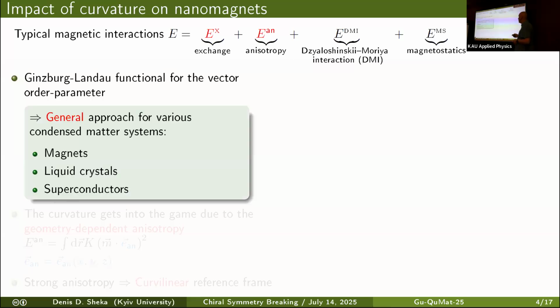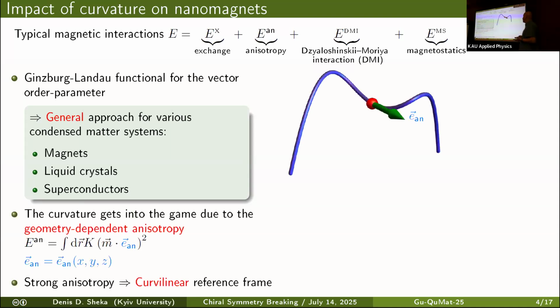What is important is that this is a minimal model. It leads to the standard Ginzburg-Landau functional of the vector order parameter. So it means that it's a very general model. It can describe not only different magnets, but also liquid crystals, superconductors, and more.